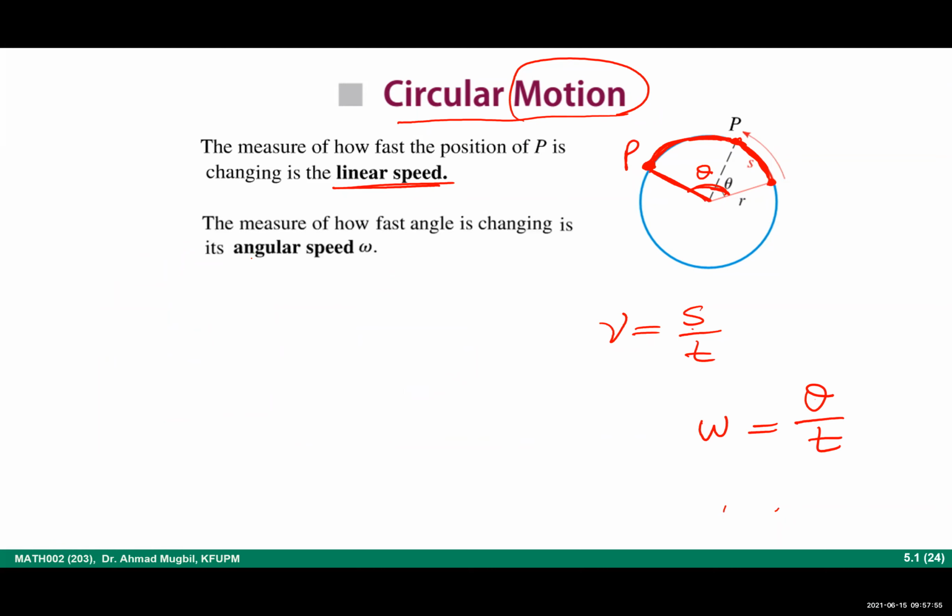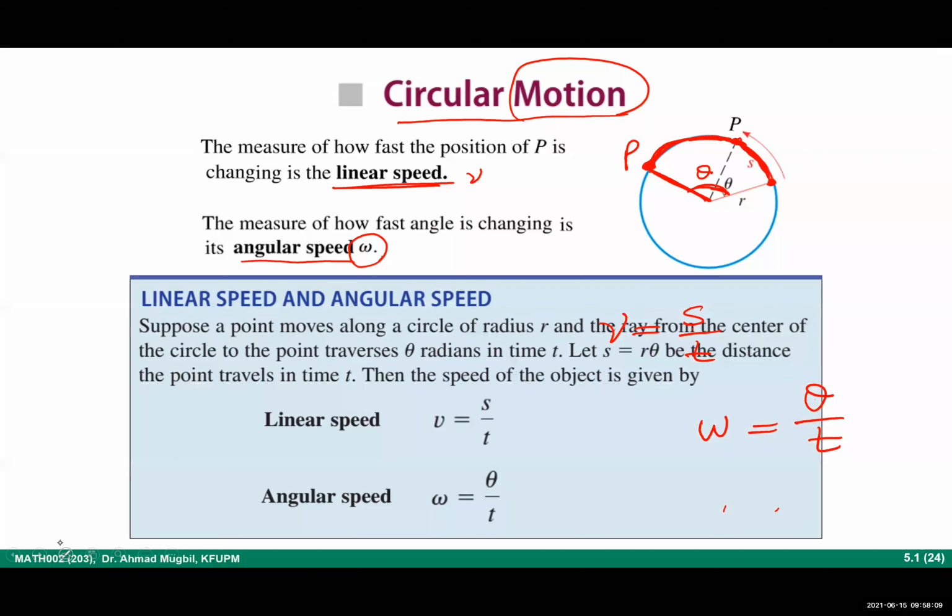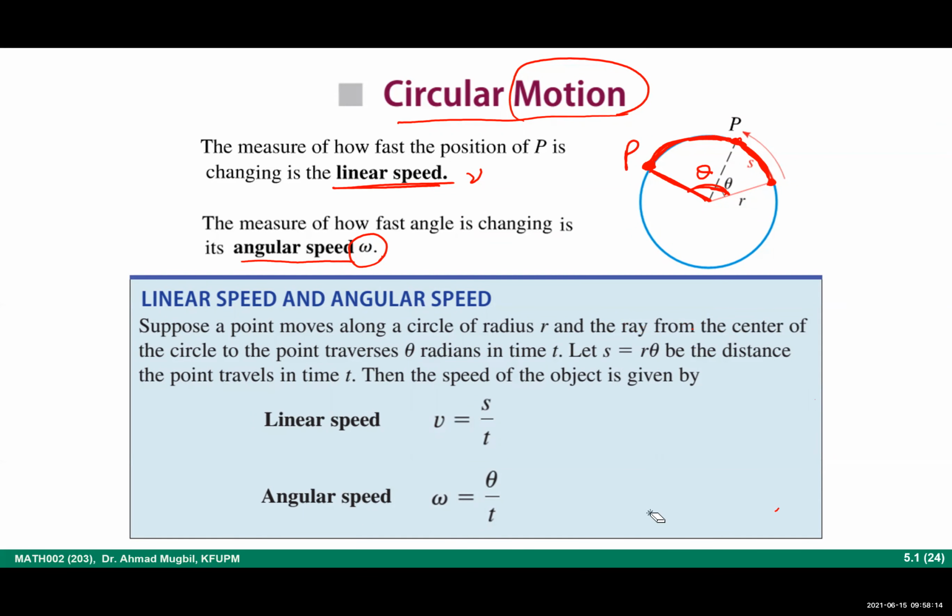So we have another speed, Shabab, called the angular speed, and we use the Greek letter omega. For the linear one, we usually use the Greek letter nu, or v; you can call it v, no problem. The measure of how fast the angle is changing is called the angular speed. In short, if you have s equals r theta, then the linear speed is s over t, which is the distance over the time, and the angular speed is the angle over the time.